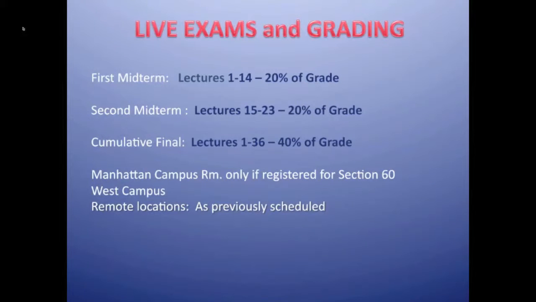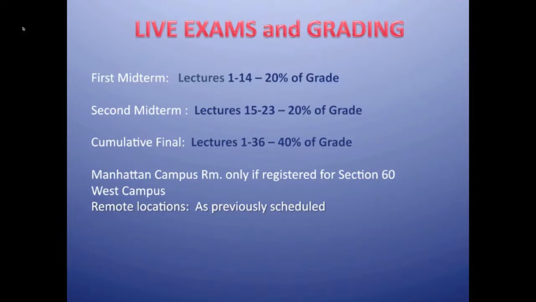Just to go over the live exams and the grading for you from the syllabus to make sure there's no misunderstandings. The first midterm is live, and it is on lectures 1 to 14, and it is 20% of your final grade. The second midterm is on lectures 15 to 23, and it is also 20% of your final grade.